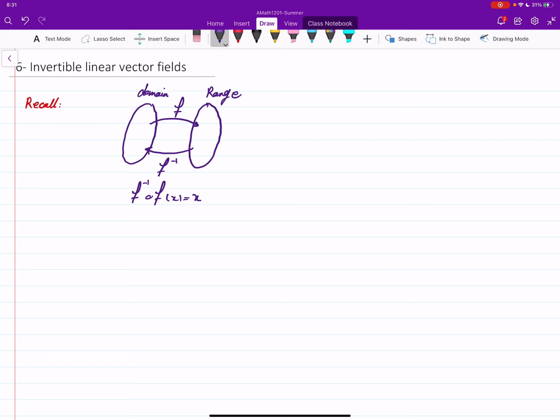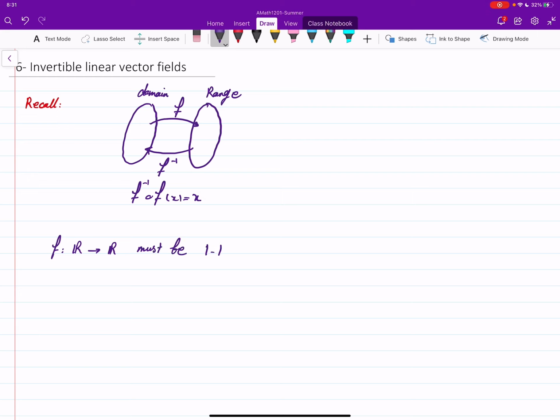And especially when we are working with functions from R to R, we saw that to have f inverse from the range to the domain of the function, we need the function to be 1 to 1.